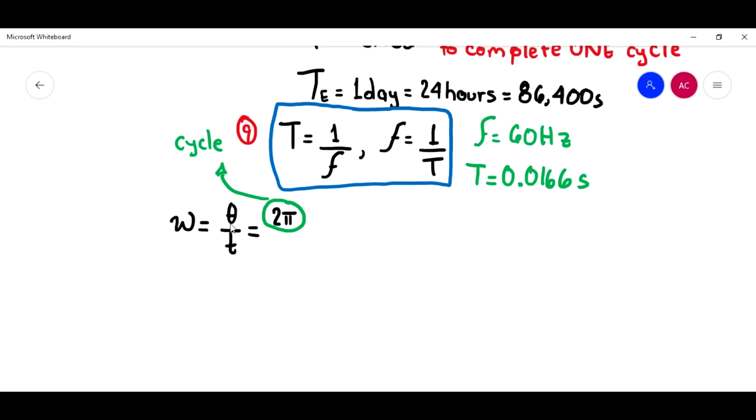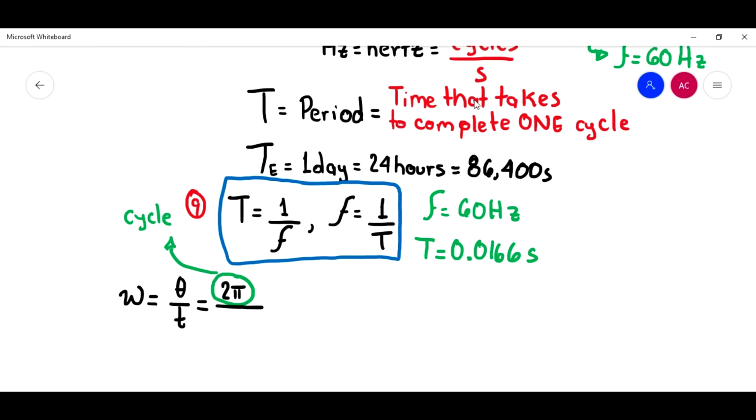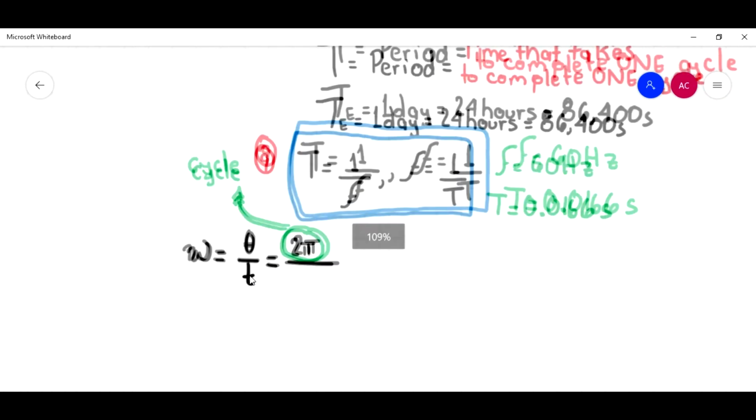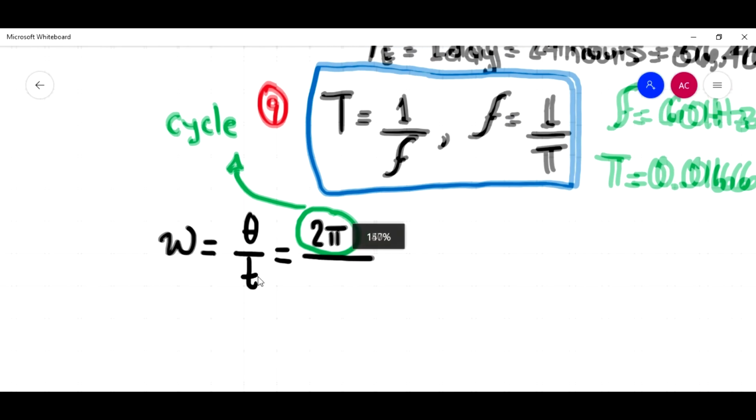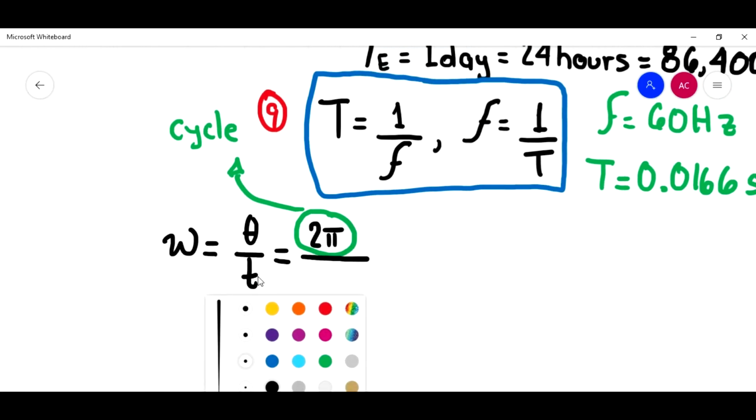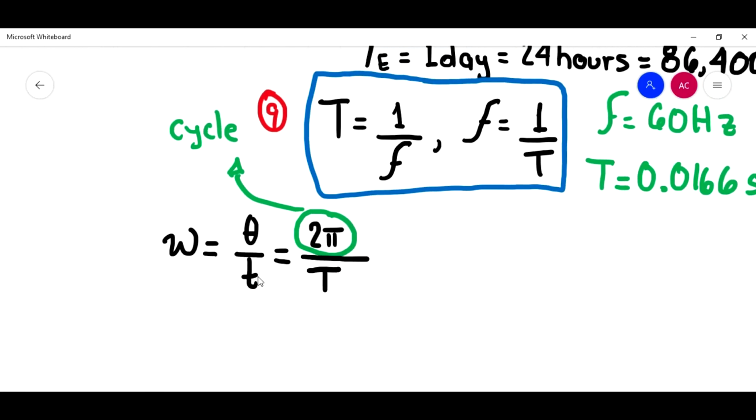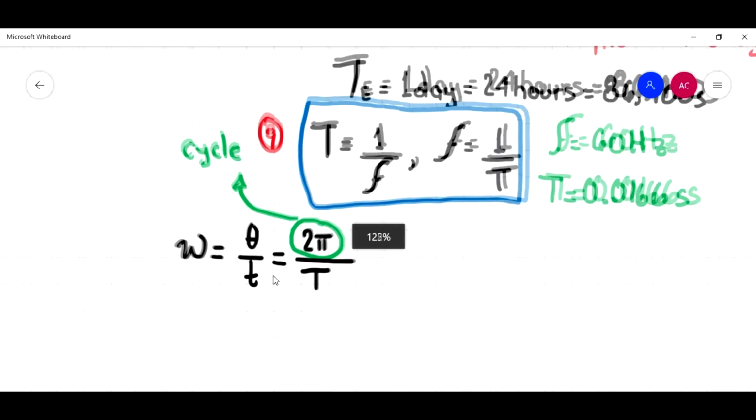Okay, so the angular velocity is angular displacement over the time. How much time does it take to complete one cycle? Well, I already defined it: the time that it takes to complete one cycle. So I'm going to substitute for t, this T, because that's the period.